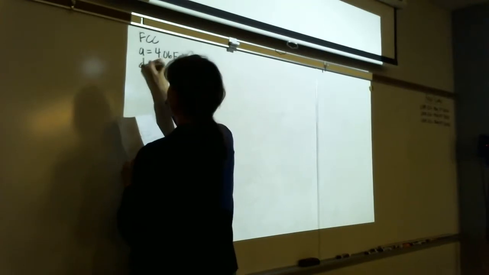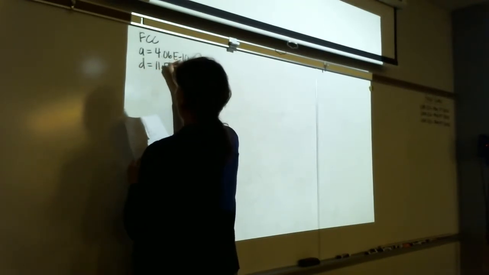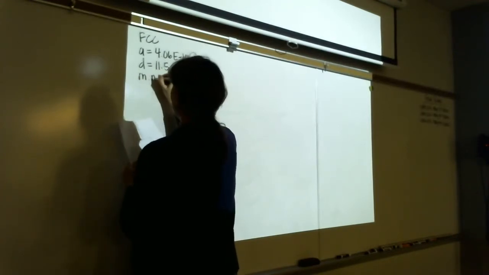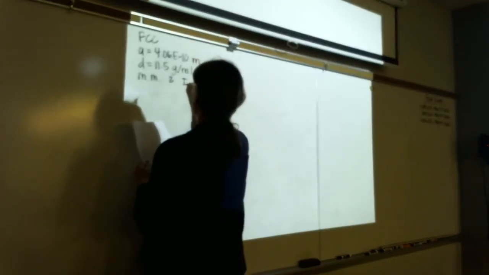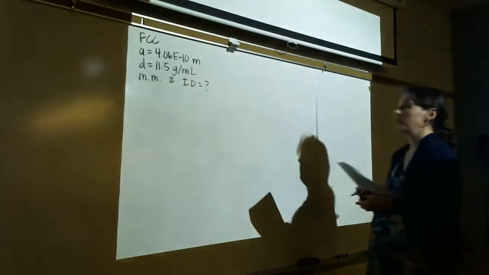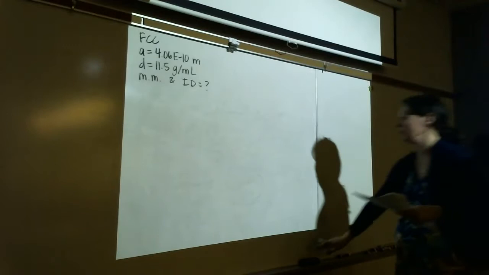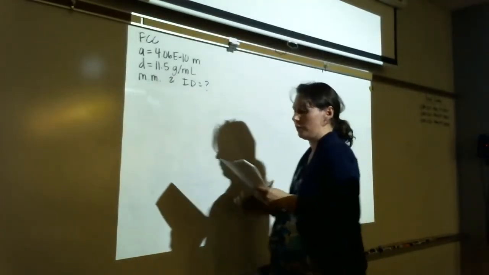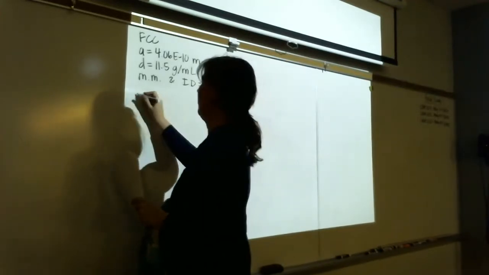And it's got a density of 11.5 grams per mil. And you want to know molar mass and identity. Okay, so the first thing we want to do is find V cell.